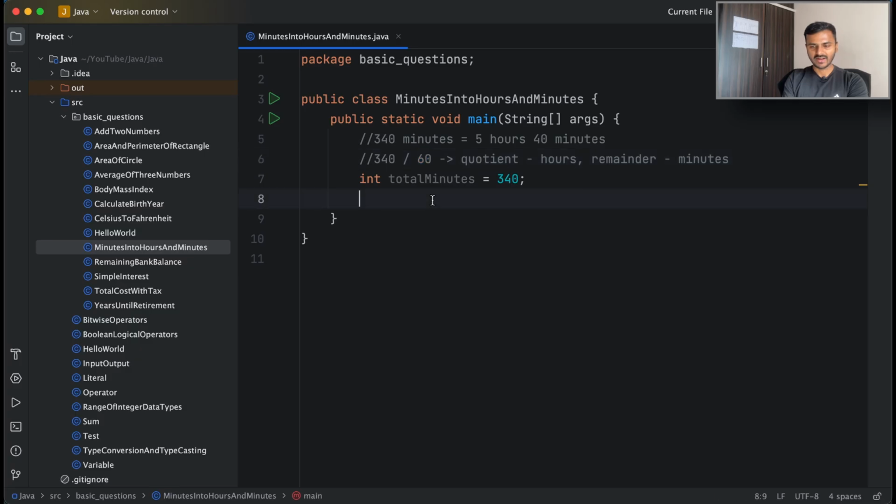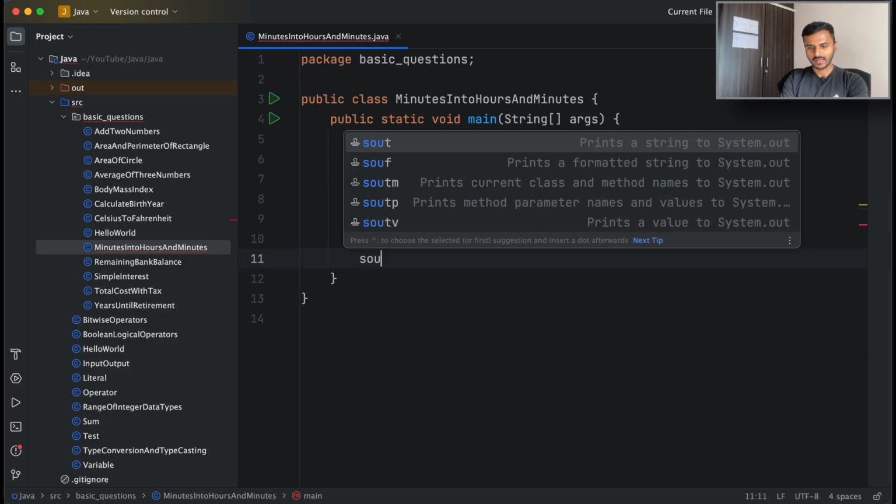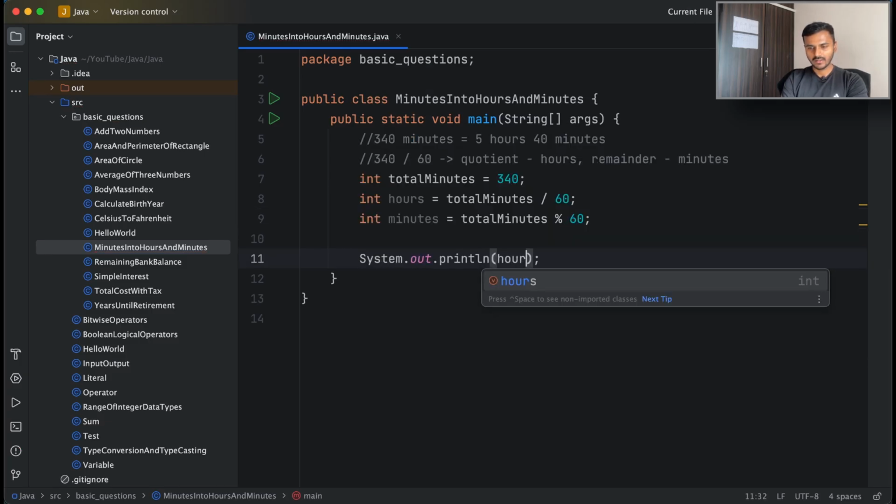Since 60 is a fixed value over here, we can go for int hours equal to total minutes slash 60. This is going to give us the quotient, that is the number of hours. And for the number of minutes, we can go for total minutes mod 60. And lastly, we can print hours, then a space, and print minutes.